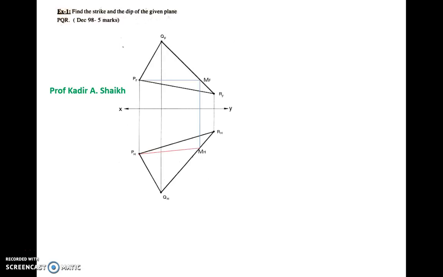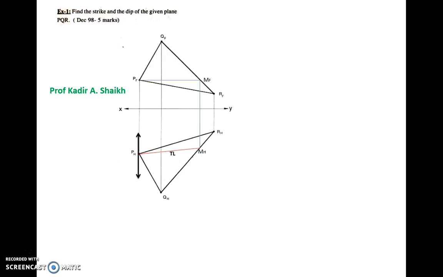Join PH and MH. Now PH MH will be the true length, and the plane is going to strike along this true length to the FRP or frontal reference plane. So let us measure the angle and direction in which it is going to strike to the FRP.